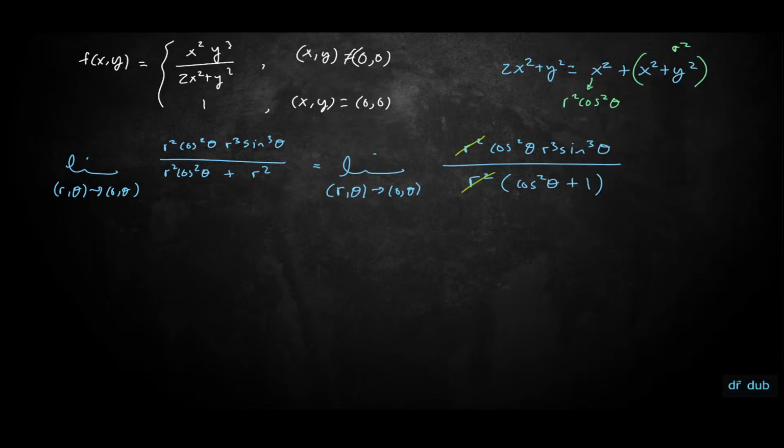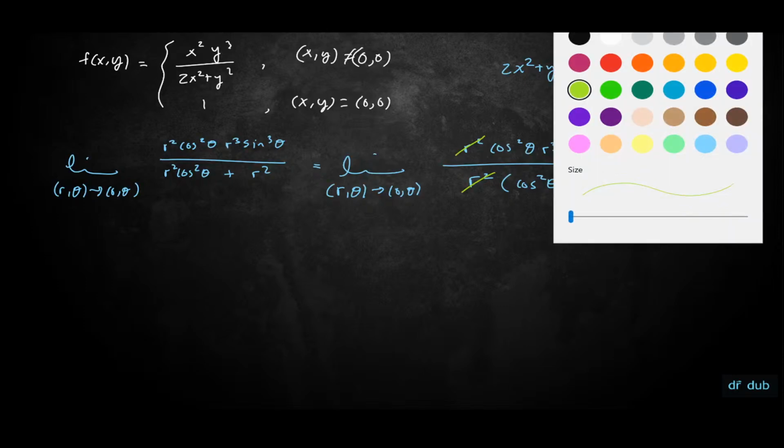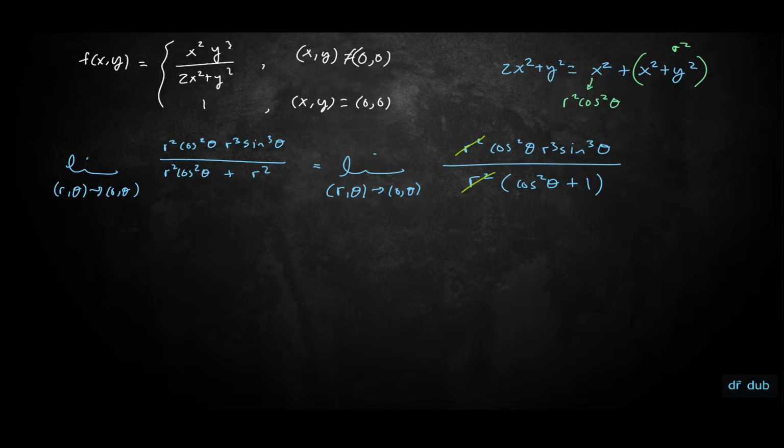R squared cancels. And this is going to be pretty much the same thing, 0 still. This is going to be the limit (r, theta) goes to (0, theta) of r cubed cosine squared sine cubed over 1 plus cosine squared theta.